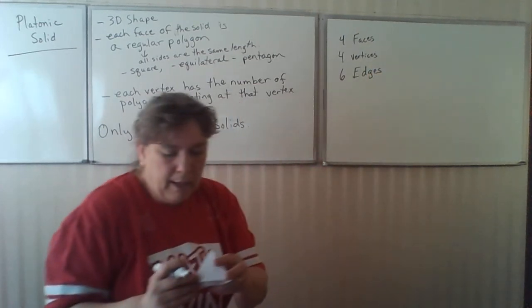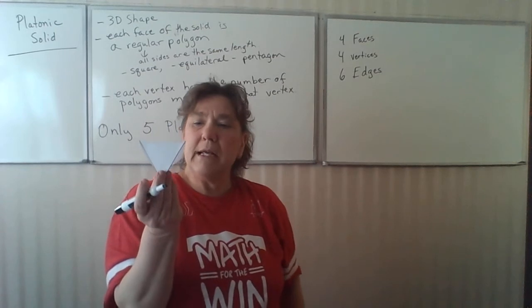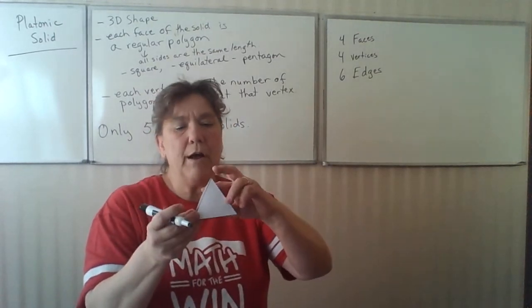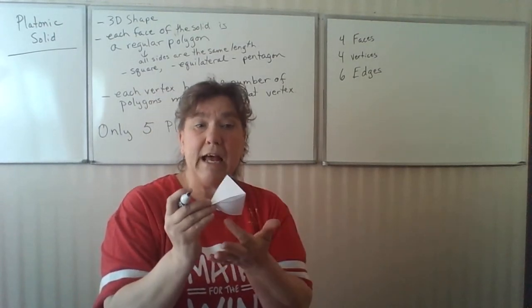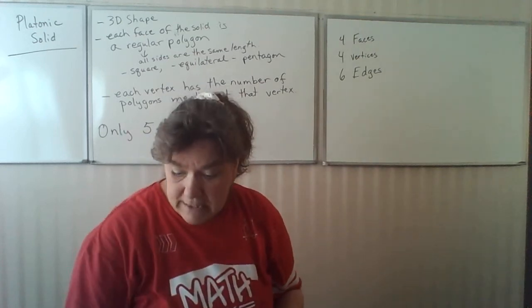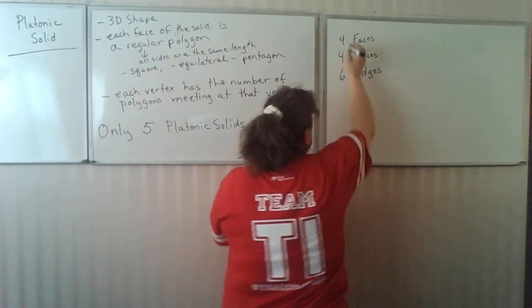Okay? The names of these Platonic solids are based on the number of faces they have. This one has 4 faces, so this one is called a tetrahedron.